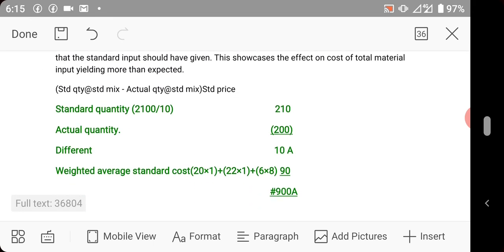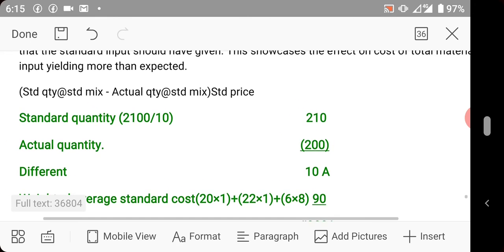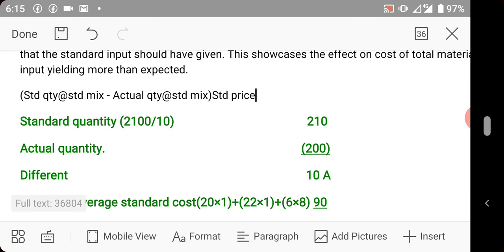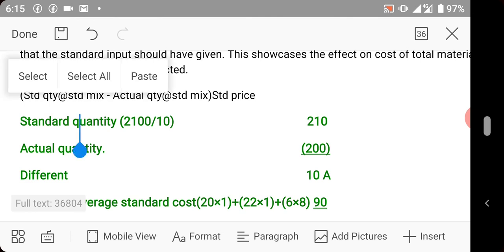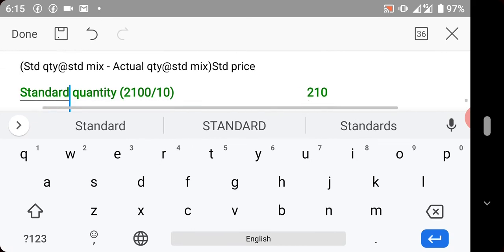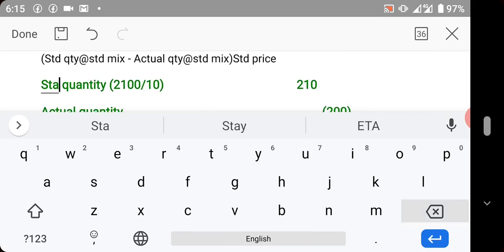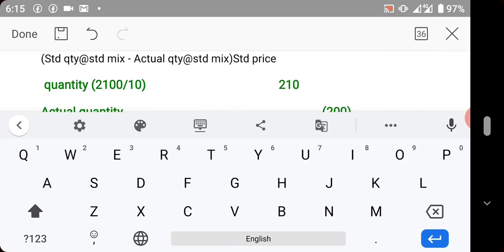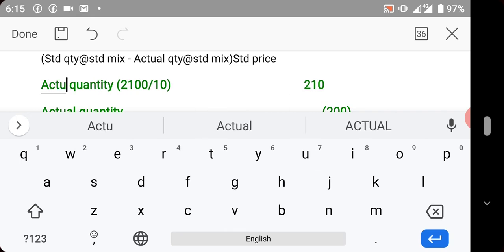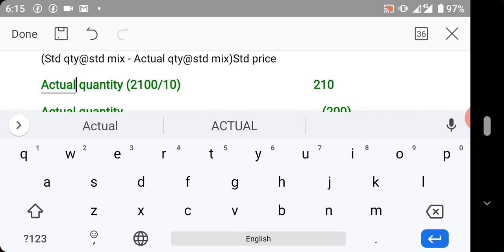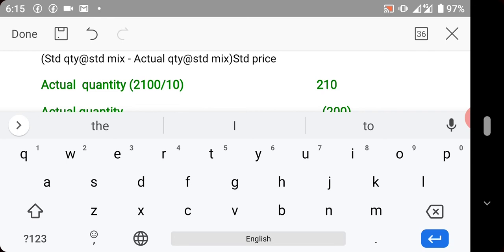So the actual, this becomes actual mix. Look at it.